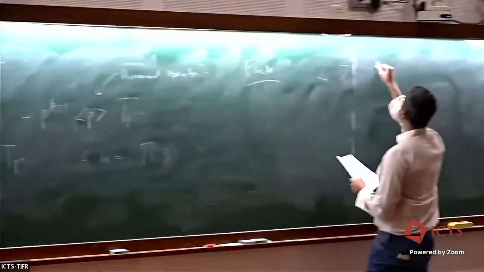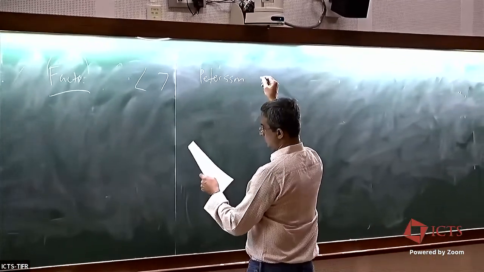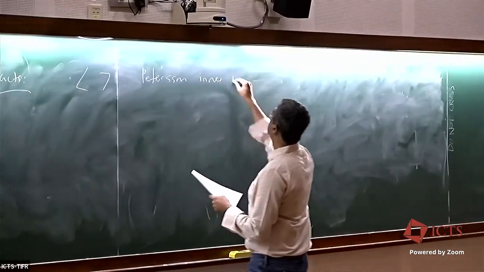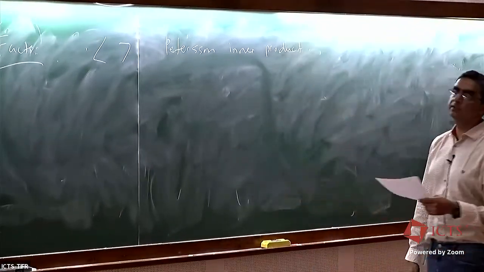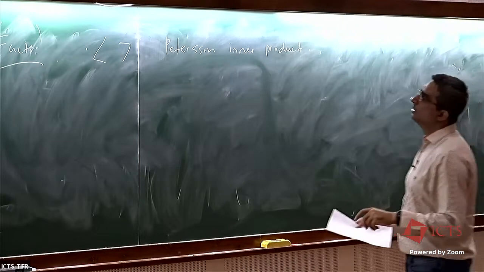There's a Petersson inner product. You can pair together 2 cusp forms, or a cusp form and a modular form with some integral, basically multiply the forms together, take the conjugate of one and integrate over H mod gamma against some Haar measure, some invariant measure.